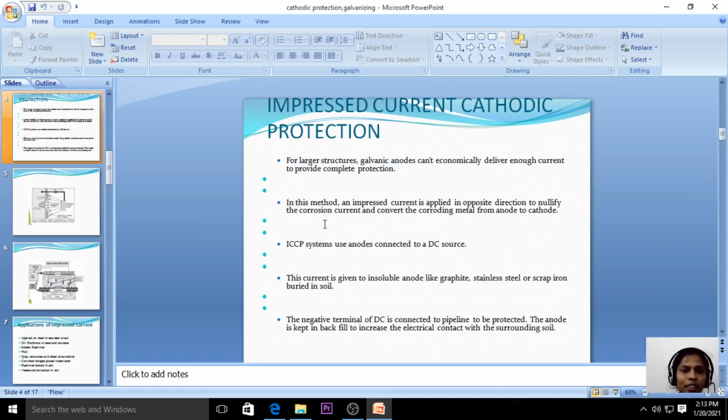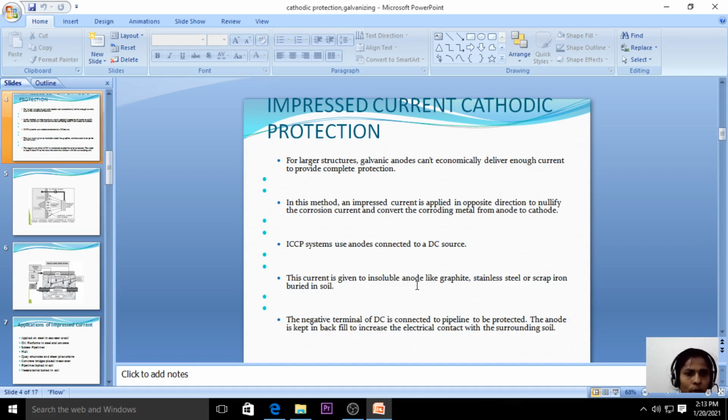So in this method, an impressed current is applied in the opposite direction to nullify the corrosion current and convert the corroding metal from anode to cathode. Impressed current cathodic protection systems use anodes connected to a direct current source.